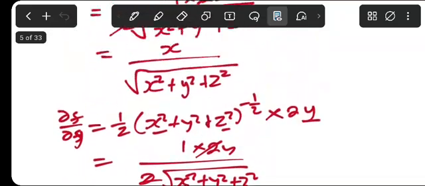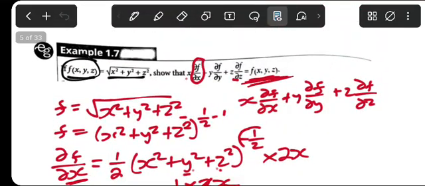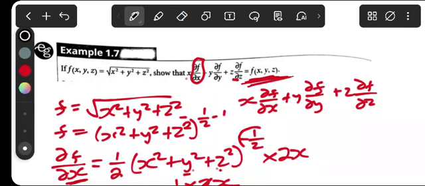But what if we square? All right, we have squared. This will be pretty nice. I can square both sides. If I square both sides, the square root and that will cancel.